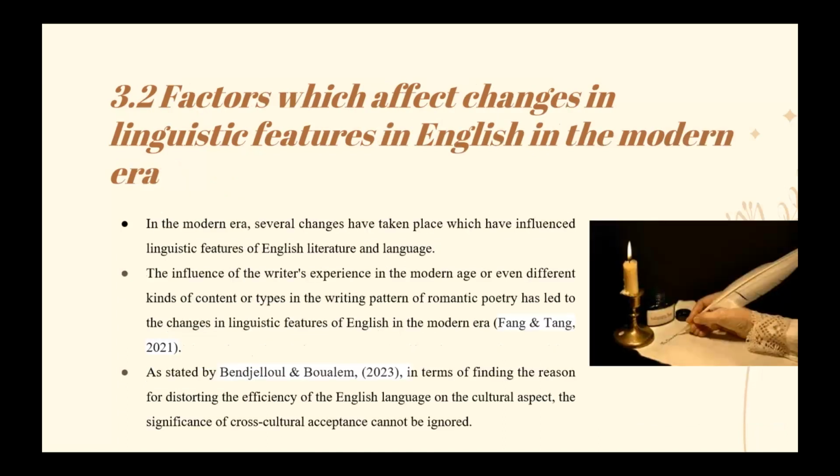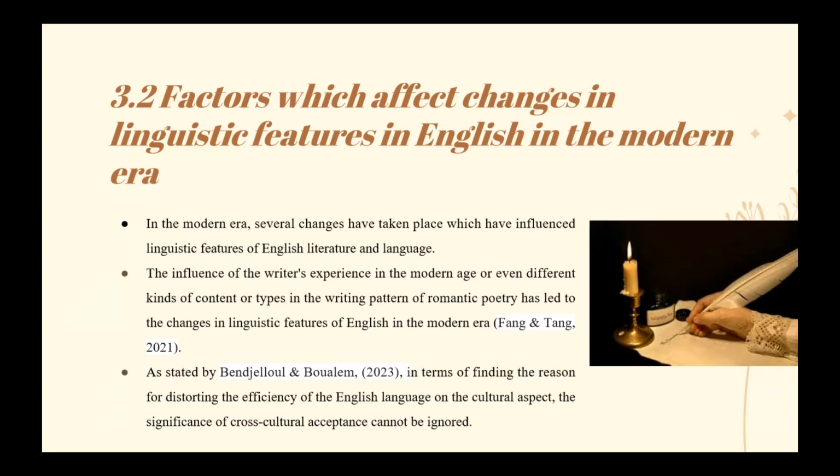And also, I'd like to talk about some factors which affect the changes in the linguistic features of English in the modern era. As for the modern era, several changes have taken place which have influenced the linguistic features of English literature and language.